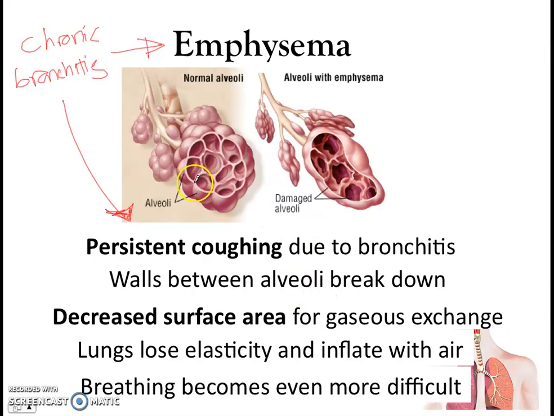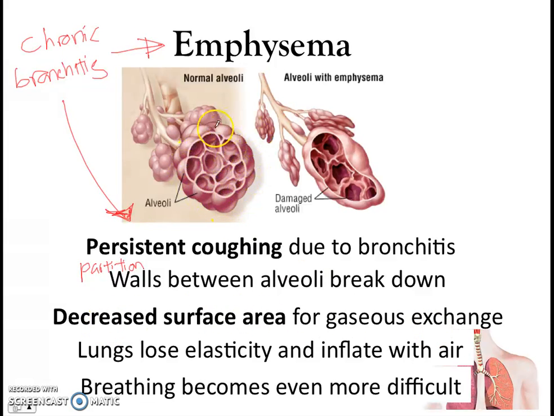Normally, you can see these very nice partition walls between the alveoli. However, when you keep coughing and coughing, the partition walls start to break down and the whole cluster of alveoli start to collapse. So this results in decreased surface area for gaseous exchange.